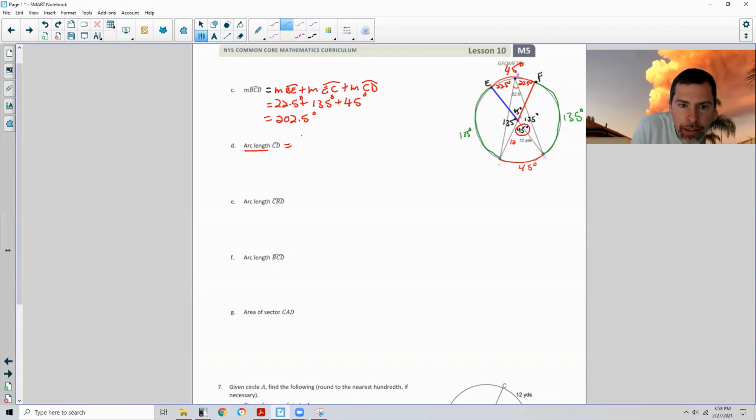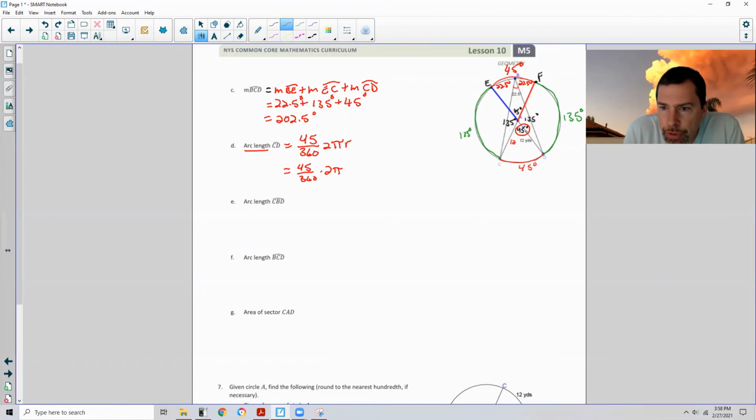So arc length is the central angle divided by 360 times 2 pi r. Okay, so that's going to be 45 divided by 360 times 2 pi, and the radius is, what is the radius?